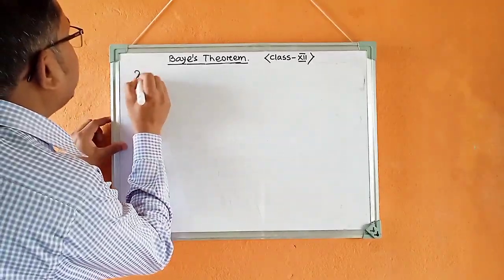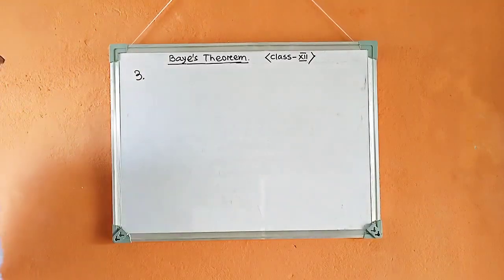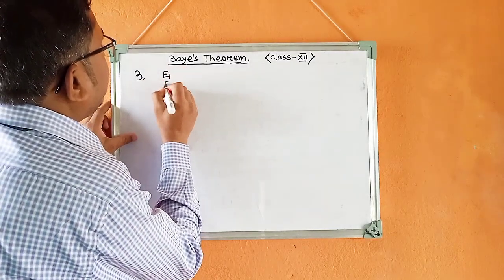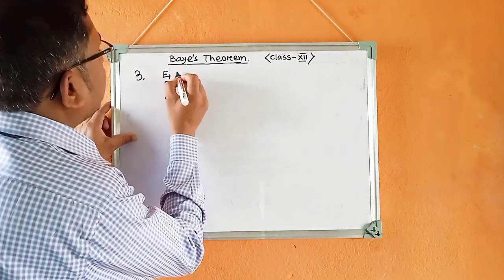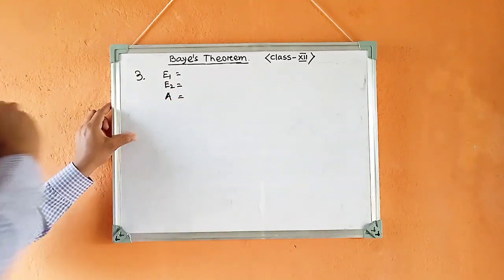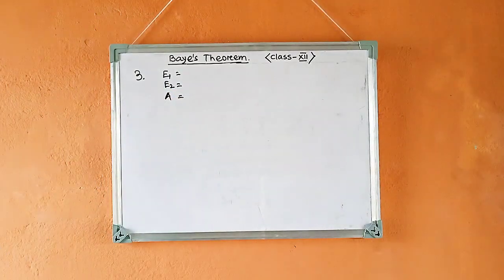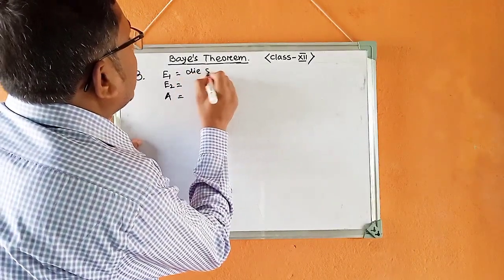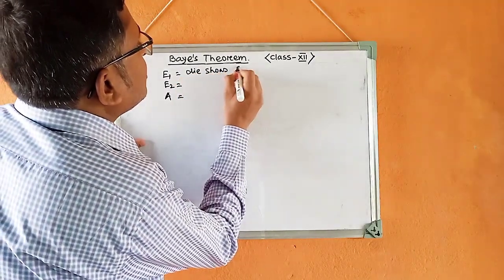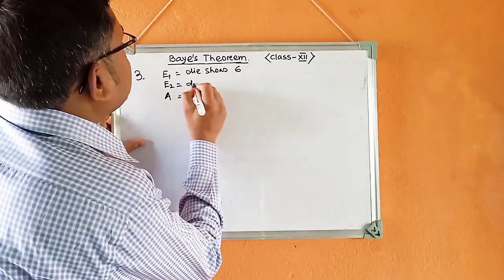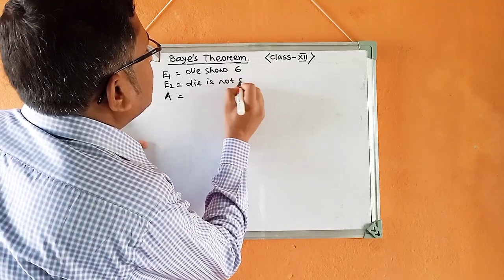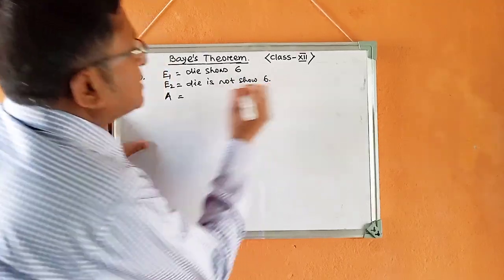Now this is example number 3. Let E1, then E2, then A. E1 is the event that the die shows 6. E2 is the event that the die does not show 6.